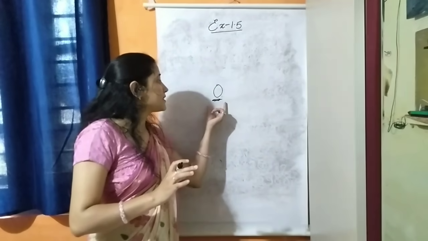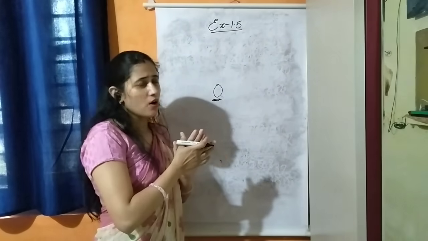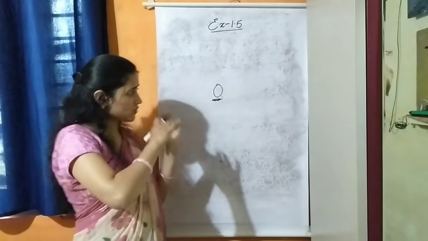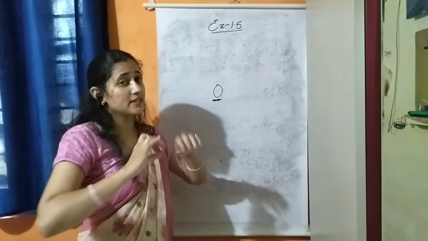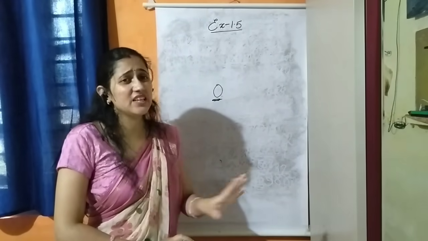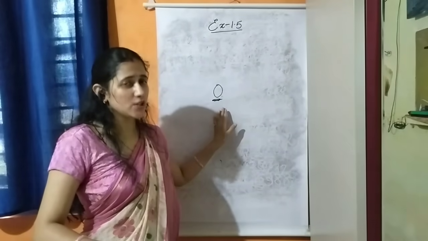But if 0 is written after any number, then that number becomes a whole number. But by itself 0 is neither even nor odd. Okay students, so don't say that 0 is even.